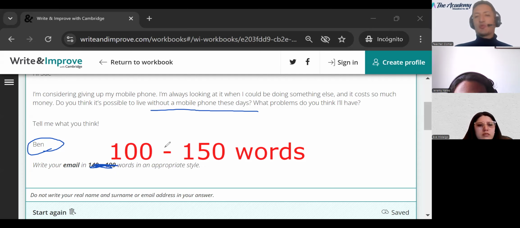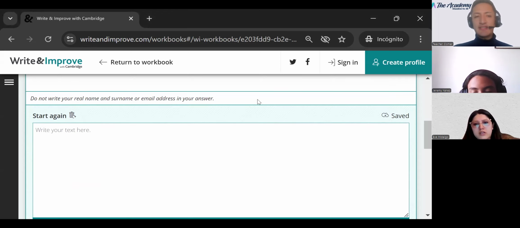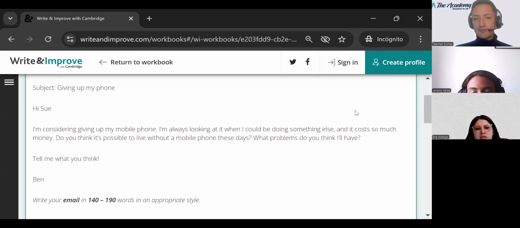It's gotta be between 100 and 150 words. Okay? So don't you forget the structure for the email that you can write over here, okay? The email that is divided in the 3 sections. Number 1, remember that is the greeting, el saludo, greeting.